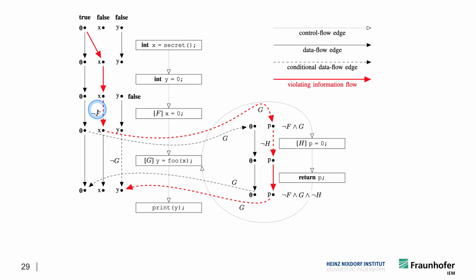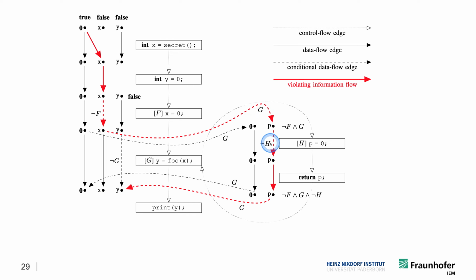Now, what IDE will do, by the way we construct this, is that as it follows such a path, constructing intermediate jump functions and then in the end summary functions for the procedure, it will combine these individual edge constraints using conjunction. After all, if you want to follow such a path, this constraint needs to be true, and also this constraint needs to be true, and also this constraint, and so on.